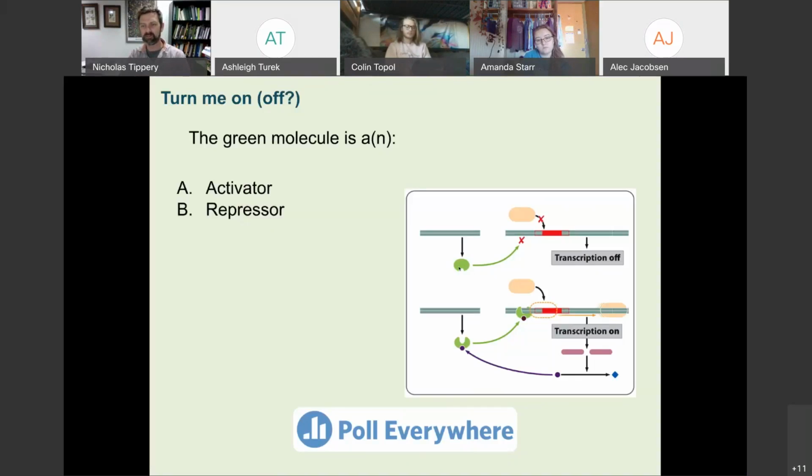So up here, it's not able to attach to DNA. That does not allow transcription to happen. But in the bottom here, when it interacts with the substrate, then it changes shape, can interact with DNA, does allow transcription to happen.